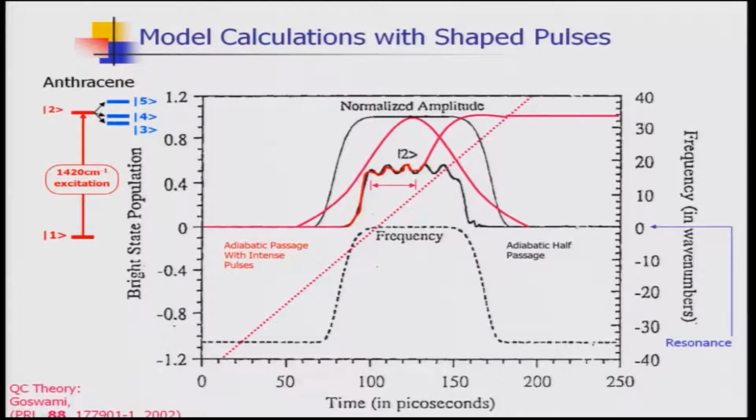linearly, and if the change in linear frequency sweep is slow enough, then there will be a period over which, as indicated by the horizontal arrow here, there will be a condition where the two states, the 1 and the 2 states, will remain in coherence, and it will not be possible for the other states 3, 4, 5 to extract energy from these two states.